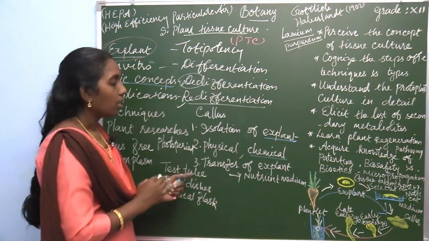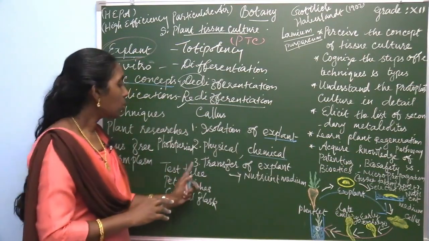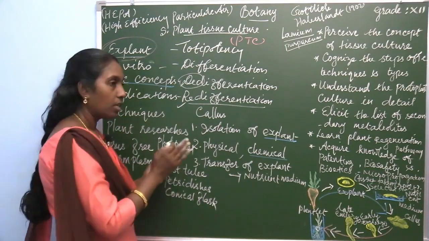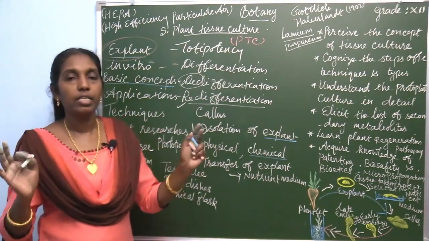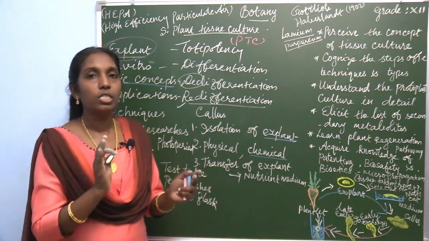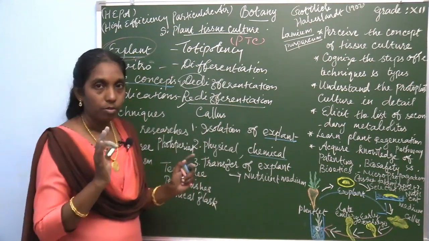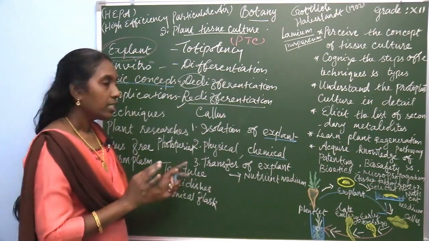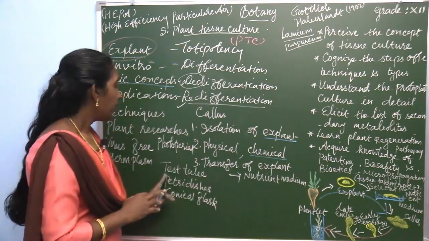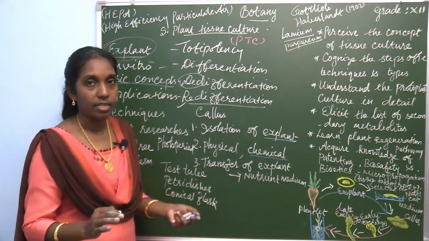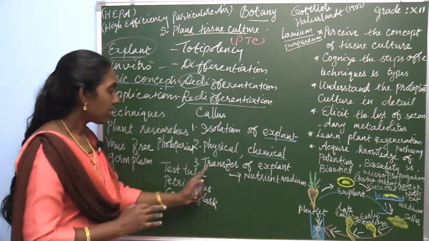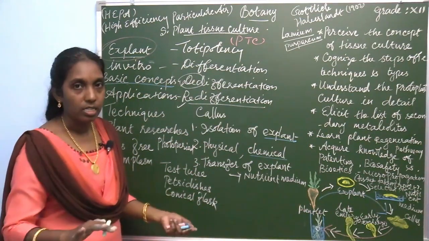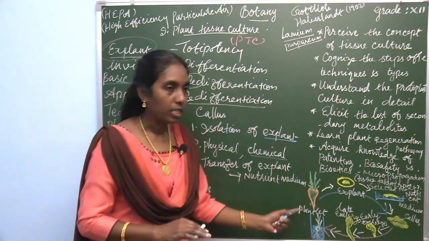So at first, what are the facilities given? The question is, what are the facilities given to the plant tissue culture room? The first facility is a washing facility, in the laboratory or in a single room. All these glasswares or glass vessels can be washed, and the plant part can be washed.